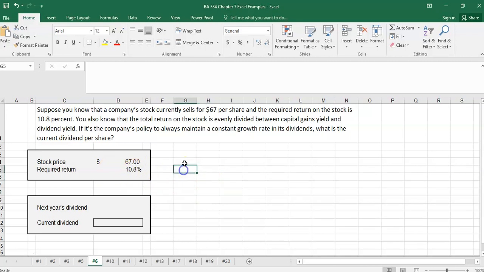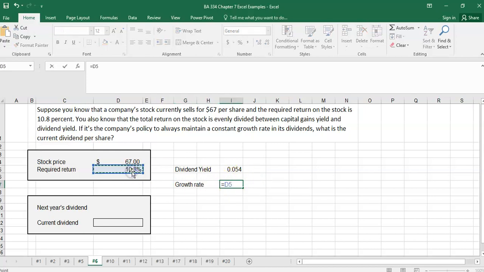So we know that our dividend yield is the required rate of return divided by 2. And our growth rate then, or the capital gains yield, is the required rate of return divided by 2. So now we have our growth rate information, and we know the required rate of return.